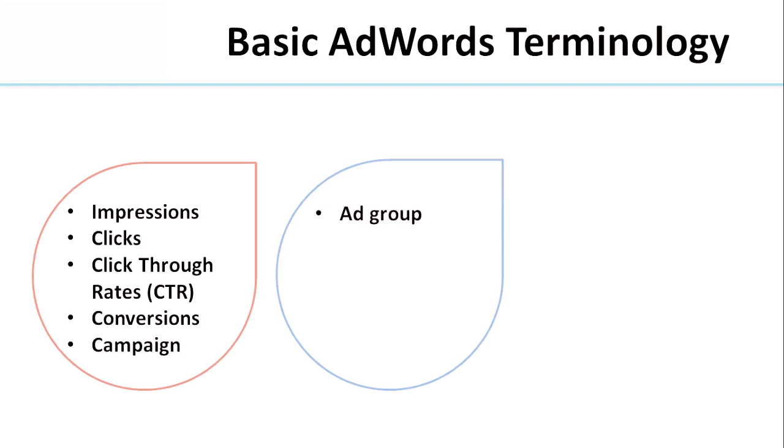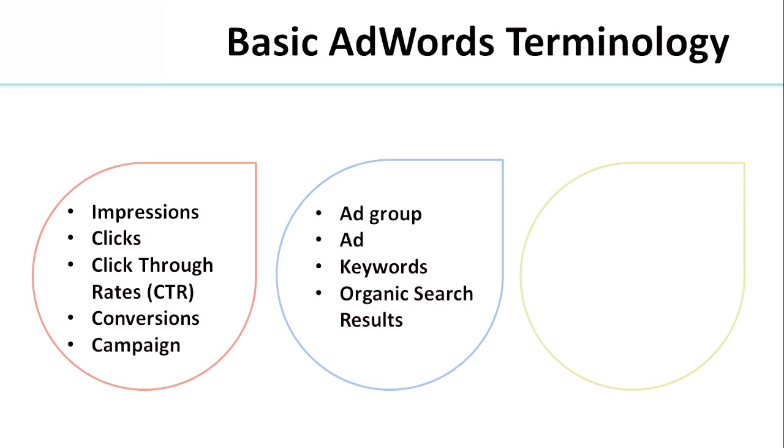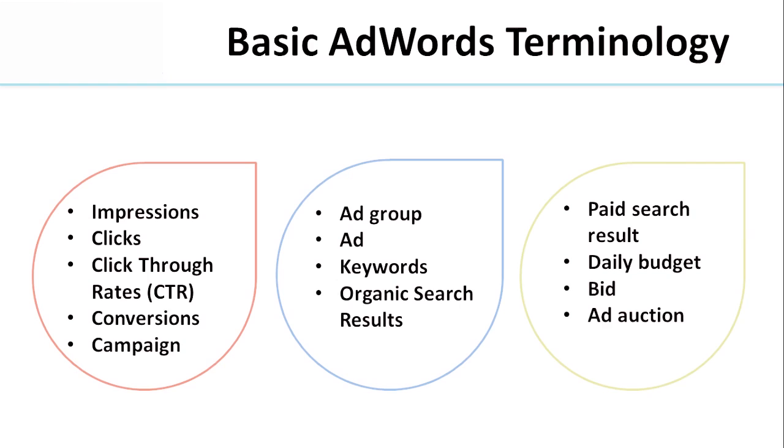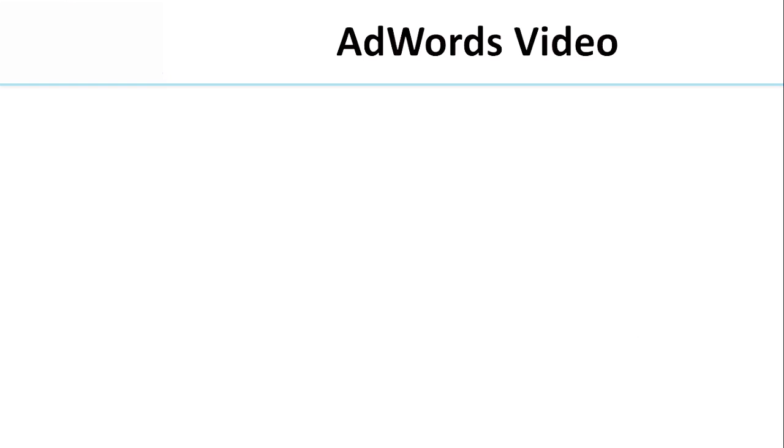There are a lot of other AdWords terms that we popularly use, like ad groups, ad, keywords, organic search result, paid search result, daily budget, bid, ad auction, and quality score. So these are the words that we popularly use in the SEM process. Now you will enjoy this video about AdWords.